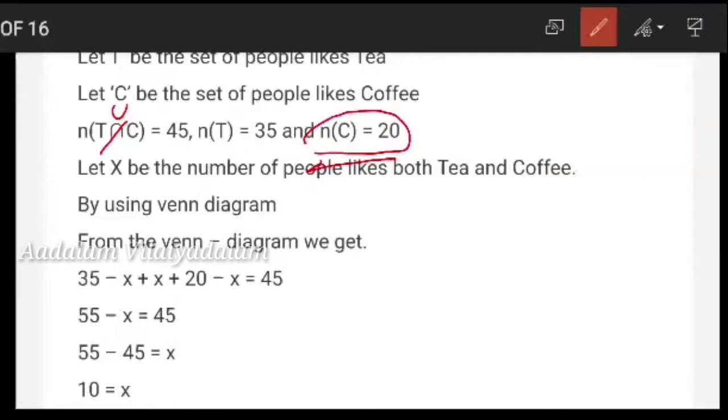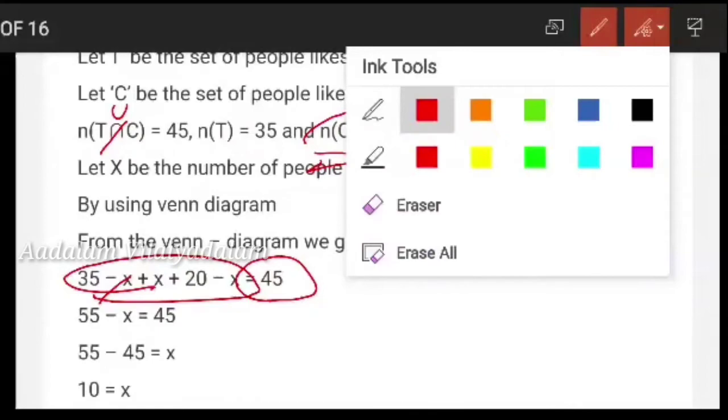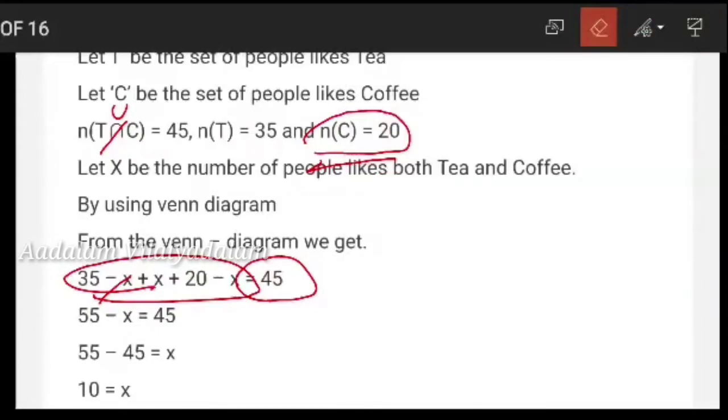By using the Venn diagram we can conclude that 35 minus X plus 20 minus X, all the values are included for the total number of persons, so 45 people. Here X will be cancelled.